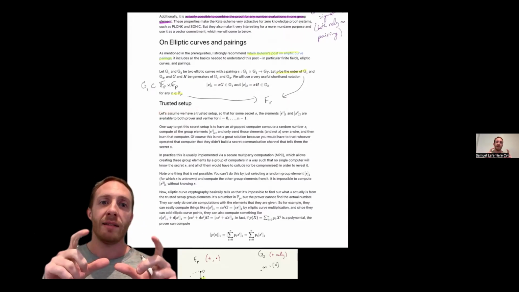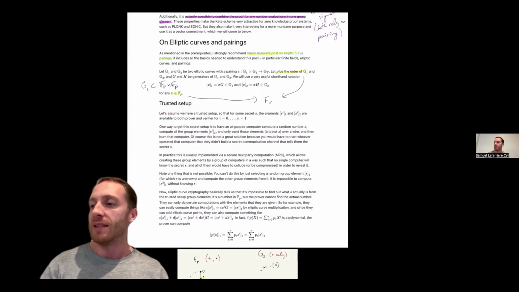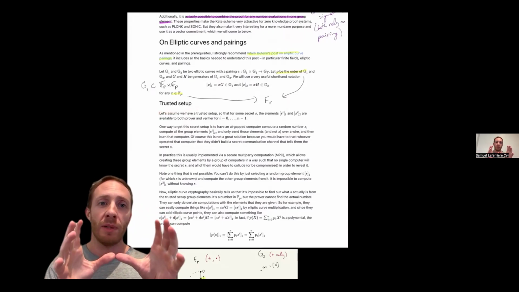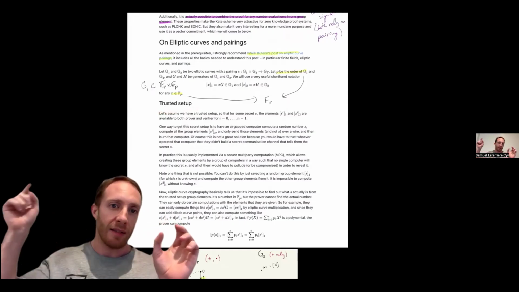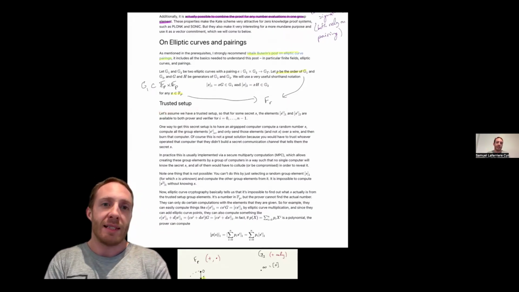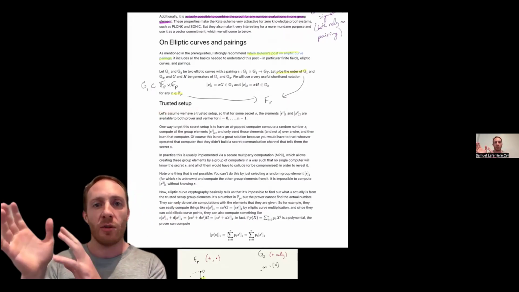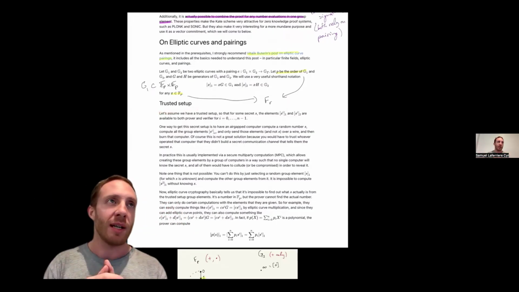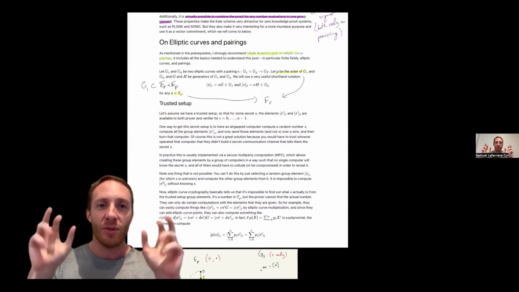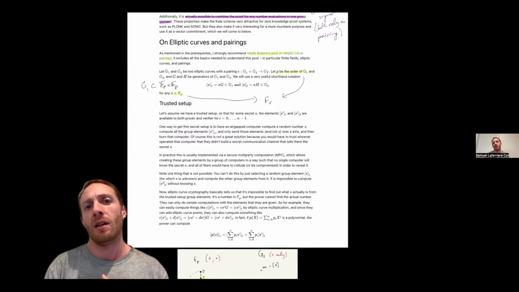So instead of having a single group, you now have a set of three groups, related by field extensions, G1, G2, and GT, and you have a pairing structure between them. That gives you the ability to do some kind of multiplication, quote unquote.